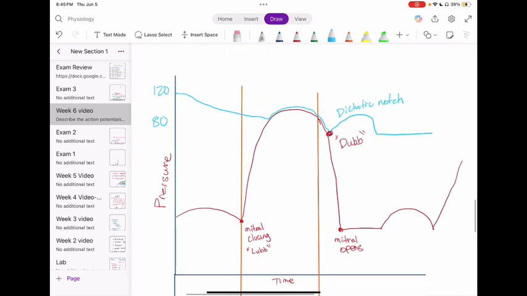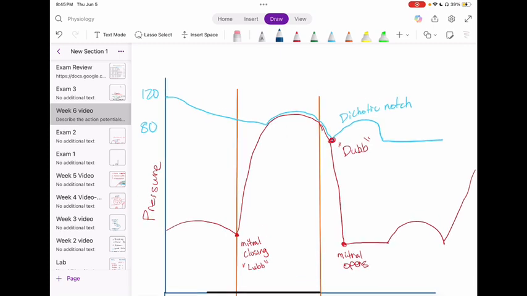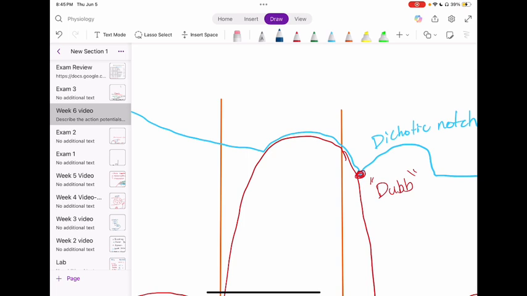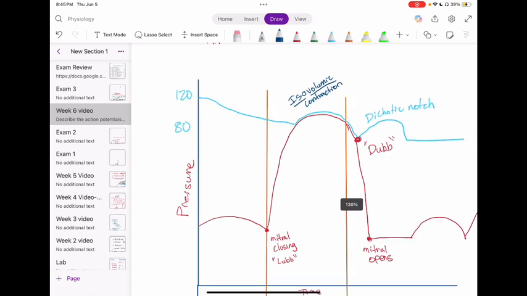So we're going to label a little bit of this. This is called isovolumic contraction. And this isovolumic, iso meaning same, volumic referring to volume.